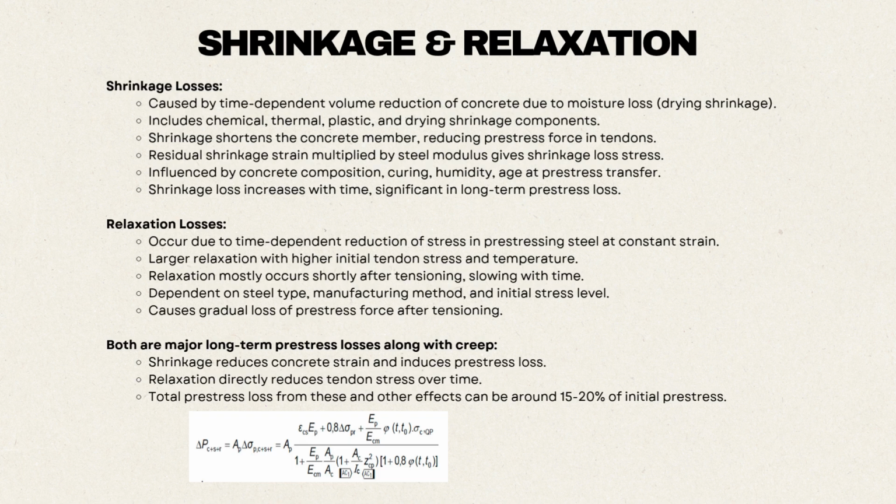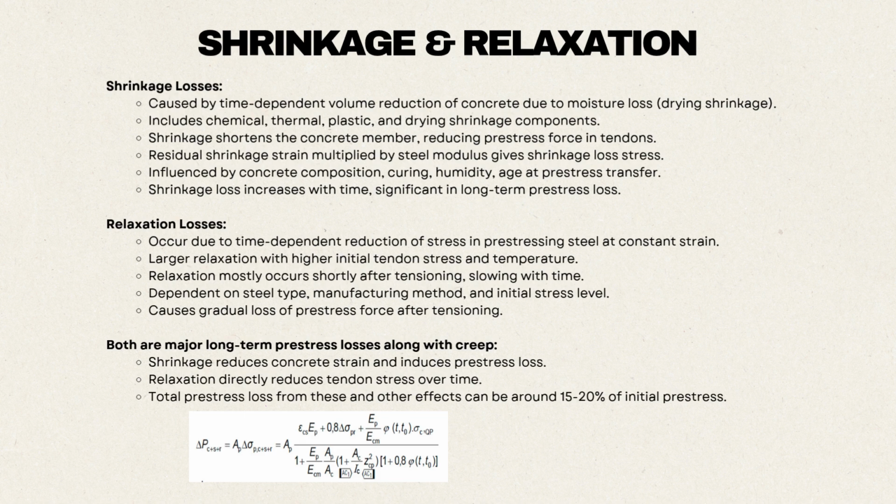Relaxation losses occur due to the decrease in stress within the pre-stressing steel under sustained strain over time. The steel tendons gradually lose stress after being tensioned. Relaxation loss is usually given as a percentage reduction of initial pre-stress and is influenced by the initial stress level, type of steel, and temperature.